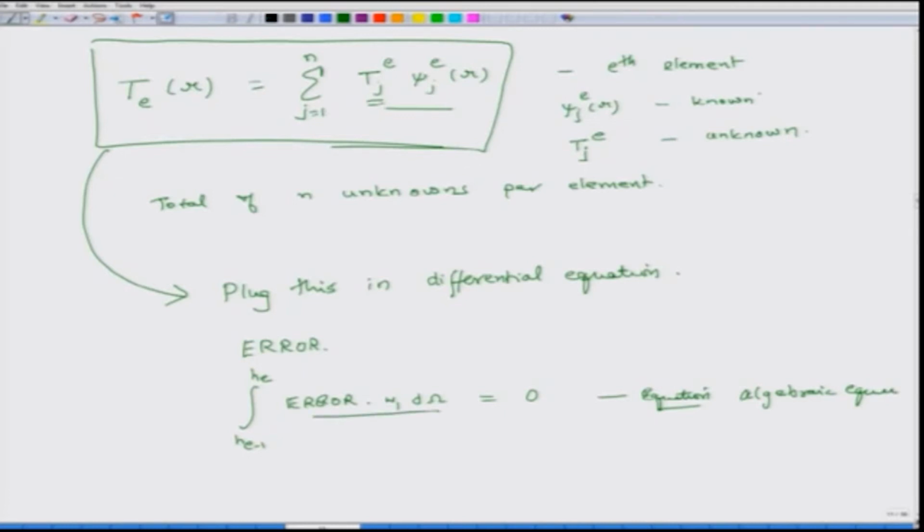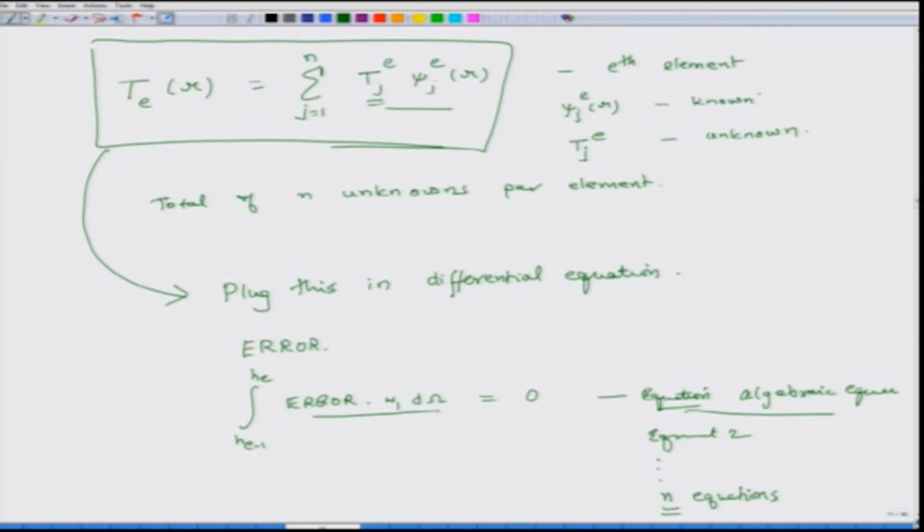So we multiply it by one function and integrate it over the domain, we get one equation. Then we multiply it by another function, and again integrate it over the domain, we get equation number 2. And we keep on doing it till we get n equations. How many unknowns were there? Small n. So we do this process n times.